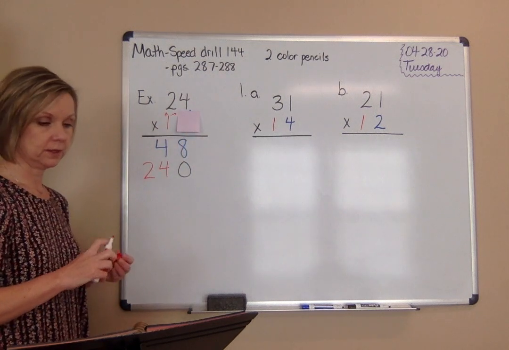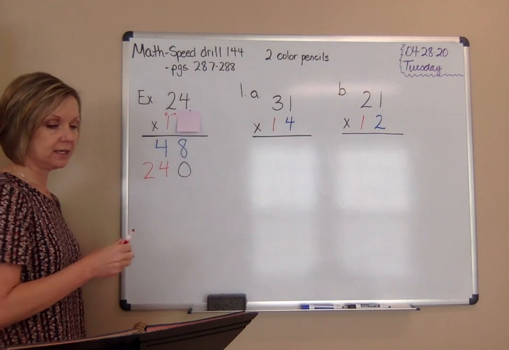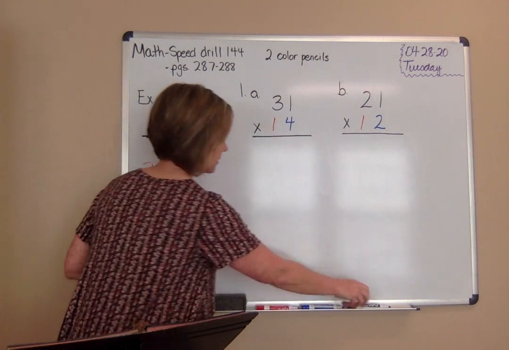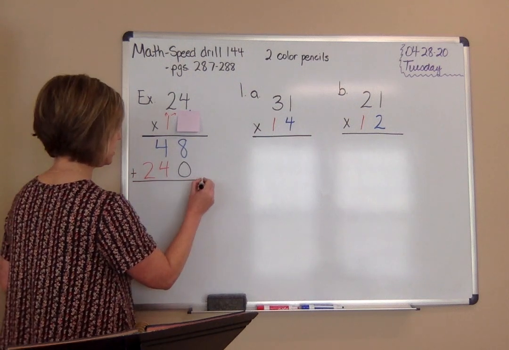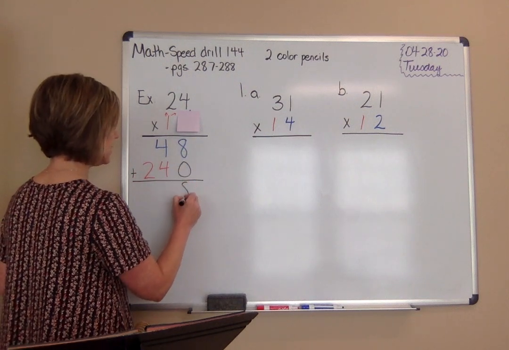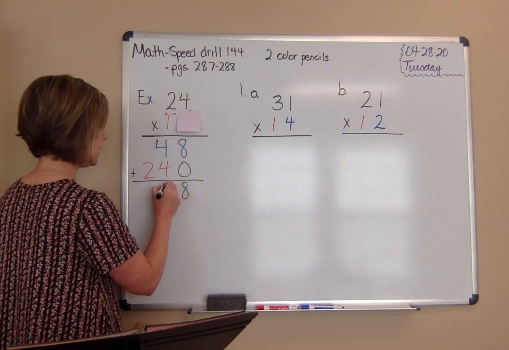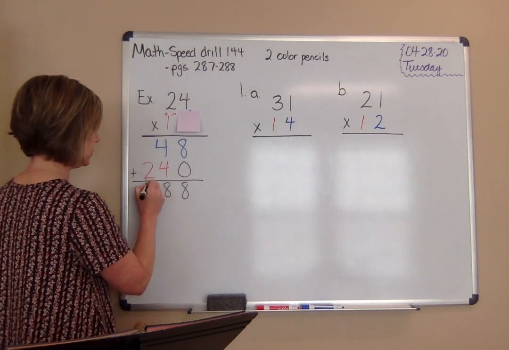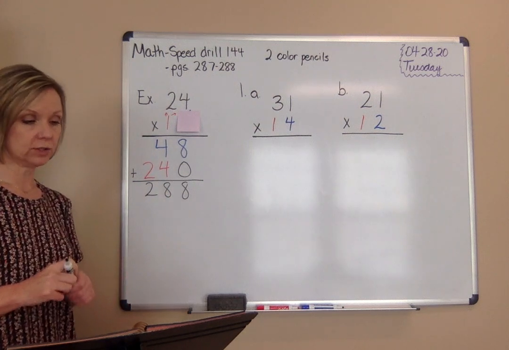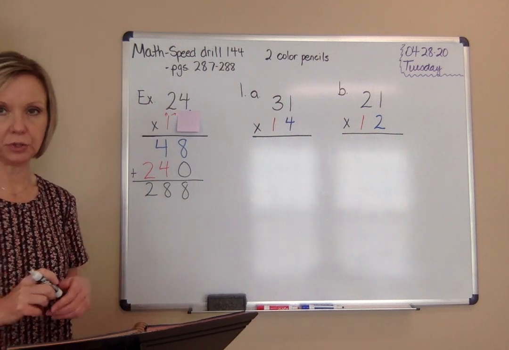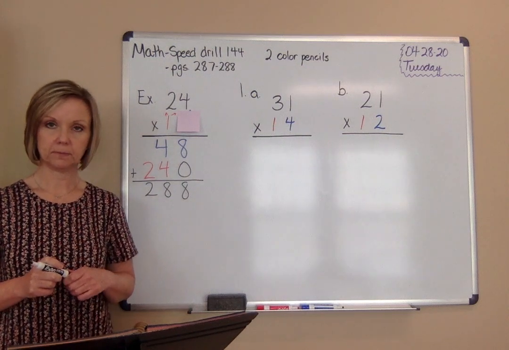Finished. Then it says add the two partial products. 8 plus 0 equals 8. 4 plus 4 equals 8. And 0 plus 2 equals 2. So my product is 288.